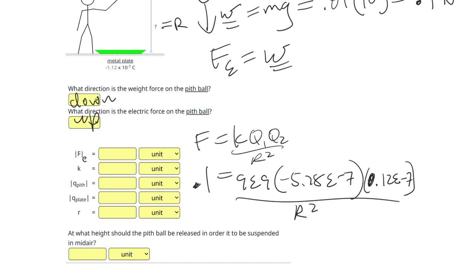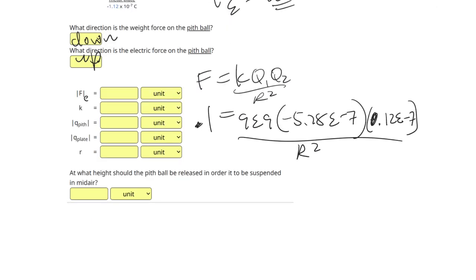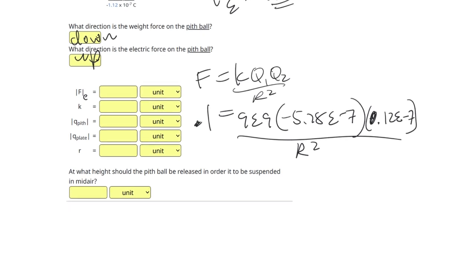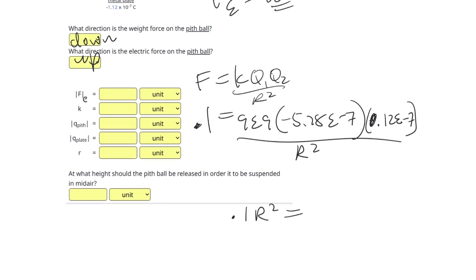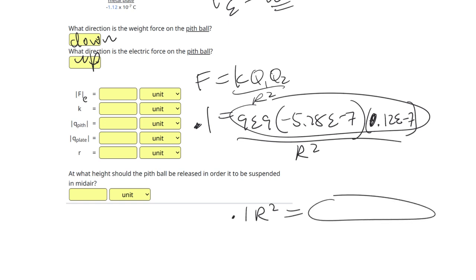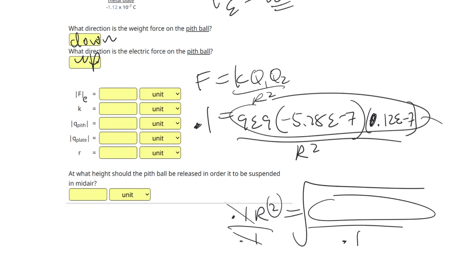So let's see how. Basically, I'm just going to cross multiply it. 0.1 R squared equals this. Then I get rid of the 0.1, divide both sides by that. And then get rid of the square by taking the square root. You don't want to put the charges in there.